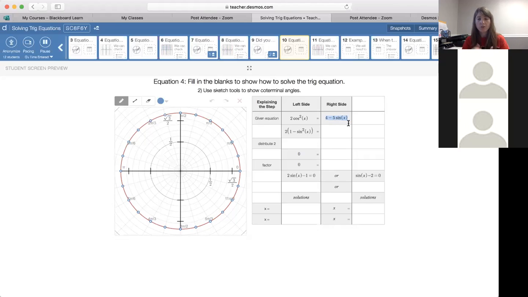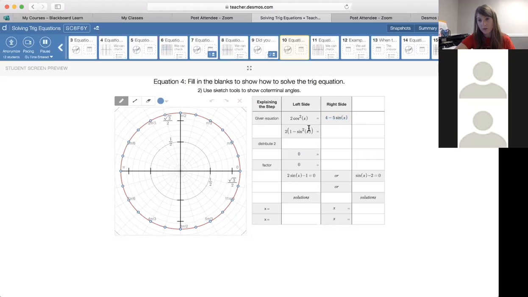I'm going to need to convert at some point, either both to sine or both to cosine, one or the other. And likely I'm going to either need to use the Pythagorean identity if I have the squared and I go that route, or I'm going to need to use cofunction. Those are the two tools that I have.